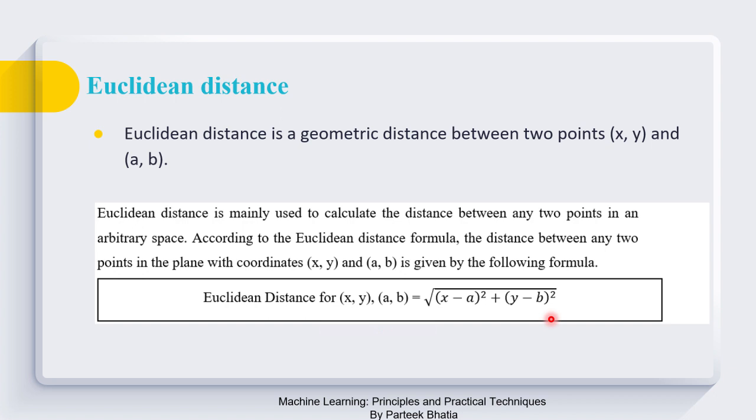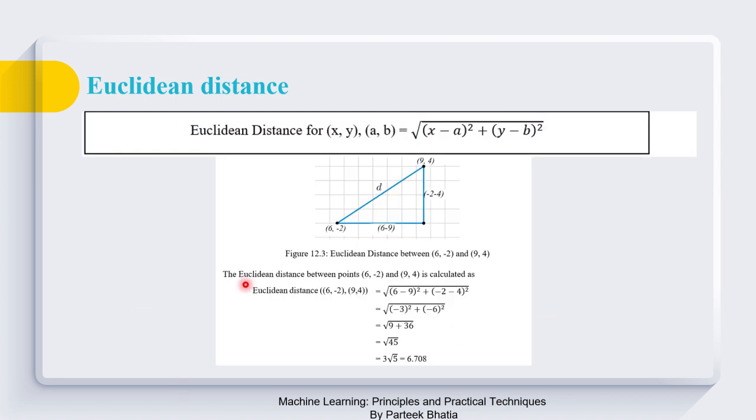Let's apply this formula on these data points to understand it properly. Here we have data point 1 with x-axis value as 6 while y-axis value as -2. Data point 2 has x value as 9 and y-axis value as 4, and we want to find out the distance between these two data points.